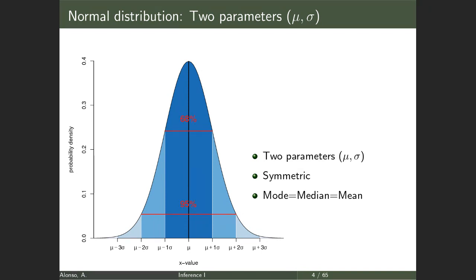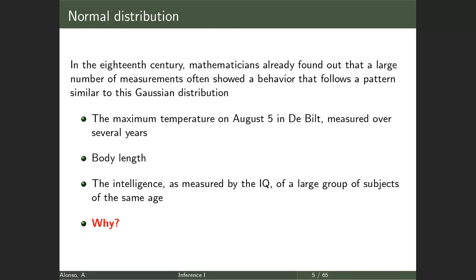For instance, you will know that almost all the individuals in the population will lie within two standard deviations of the mean. You may have individuals that have an IQ score larger than two standard deviations above the average or smaller than two standard deviations below the average, but this is very unlikely. So most individuals will concentrate around the mean.